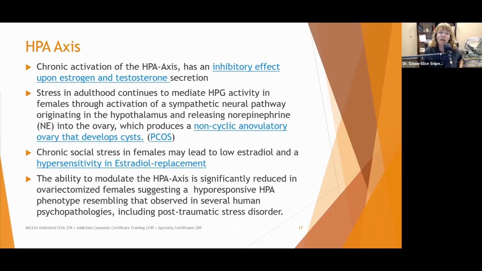Basically, they're saying once you take out the ovaries and you start altering that because you don't have the estrogen production, then you start seeing more hypocortisolism. So the estrogen is not protecting and balancing out that HPA axis anymore.